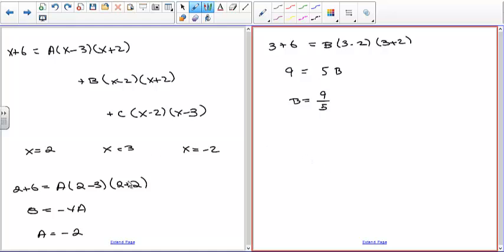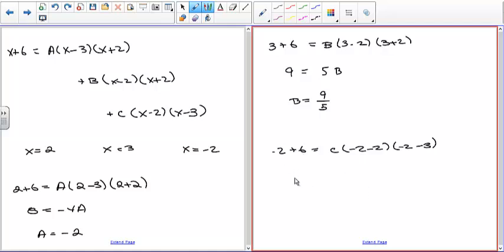So that's the second thing. And then you'll choose this one. That'll make this go to 0 and this go to 0. So you get x, which is -2, plus 6. So you get x plus 6. Like I said, these two drop out. The only thing we're left with is c. So you get -2 minus 2, -2 minus 3.